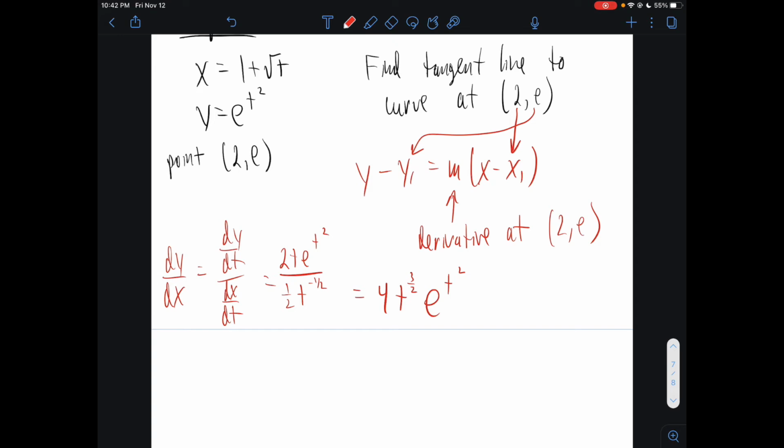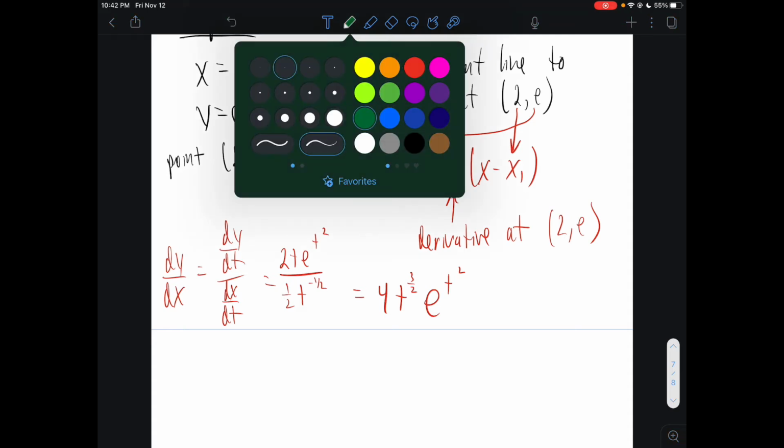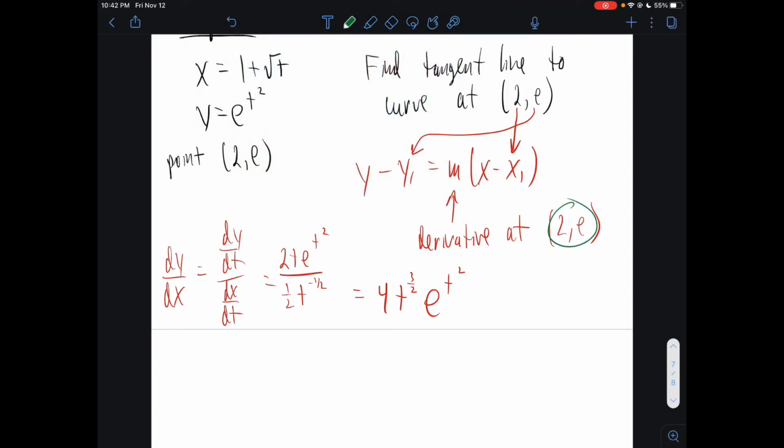So then how do we find the value of the slope? Well, we were given that x is equal to 2 and y is equal to e. When y is equal to e, that means that e is equal to e to the t squared, which means that t squared is equal to 1 because we're just equating powers at that point.